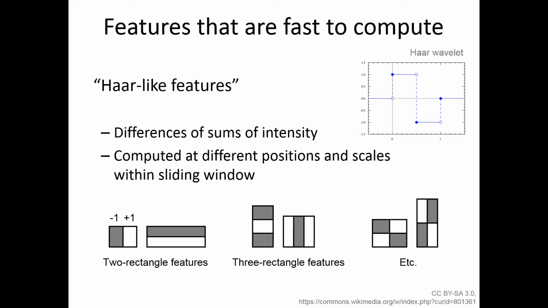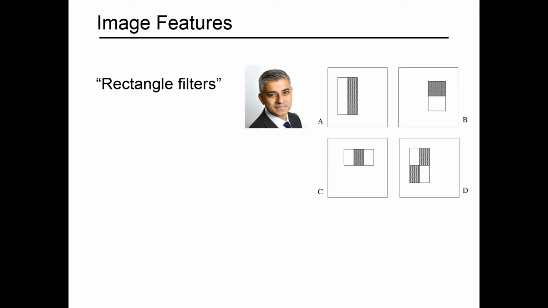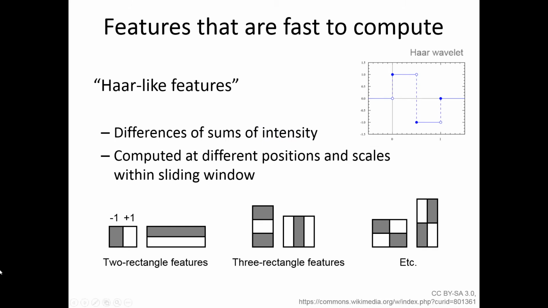First of all, the classifiers themselves, or you can think of them as the features themselves, are really simple. The features they use are simply rectangular filters. It's a very simple filter, even simpler than convolution. On the darker side it's all -1, and this side will be +1.